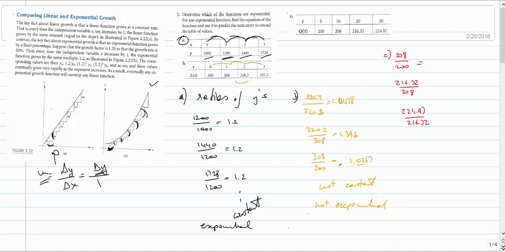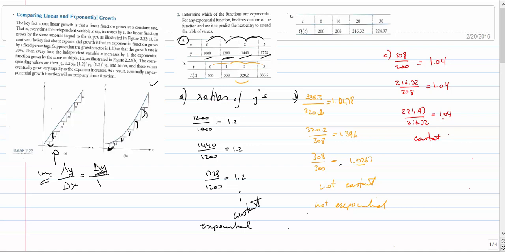So 208 over 200 is 1.04. 216.32 divided by 208 is 1.04. 224.9 divided by 216.32 is approximately 1.04, very close, like 1.03966 and so forth. So it's essentially constant.